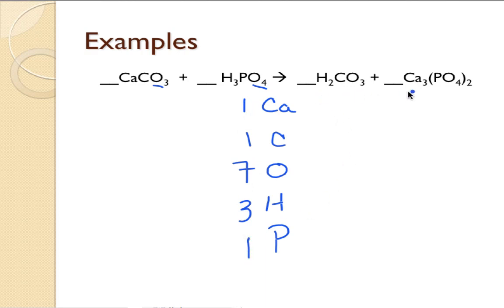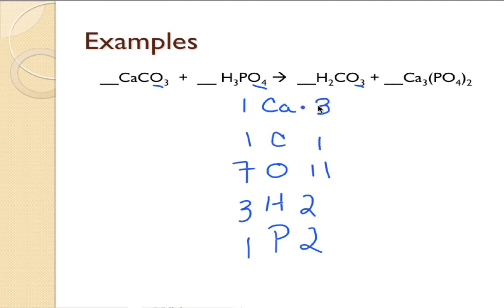Looking at my product side, I have 2 hydrogens, I have 3 calciums, I have 1 carbon, 3 oxygens here, plus these 8 give me 11, and for the phosphorus I have 2. Okay.